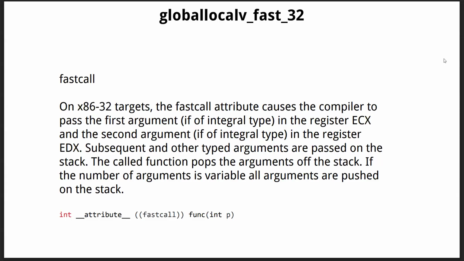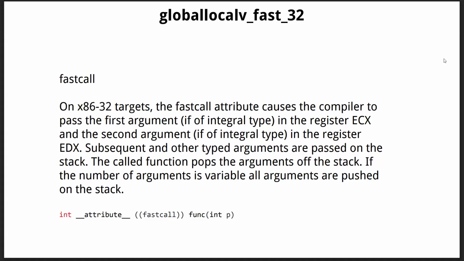Okay. We do not have so many general registers in x86. That's why here we're only using 2 general registers. But in 64-bit, we have many, many more. So by default, we are using 6 registers. By default, in 32-bit, we're not even using any register.